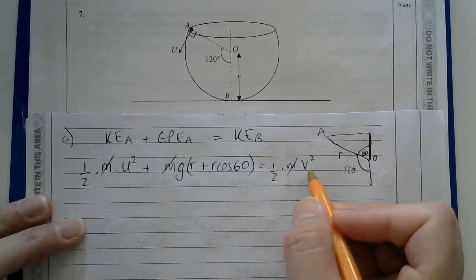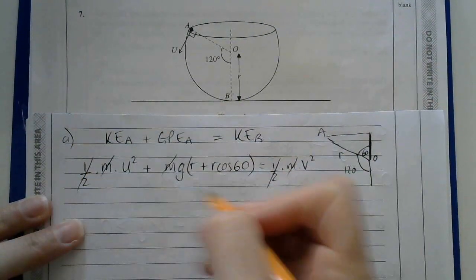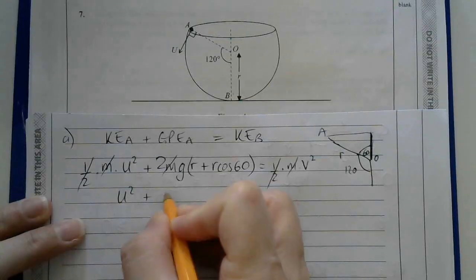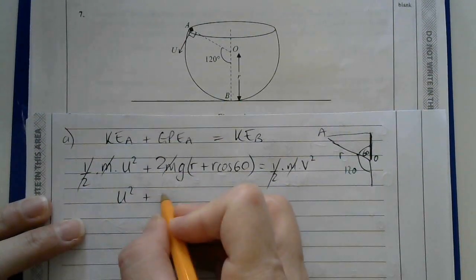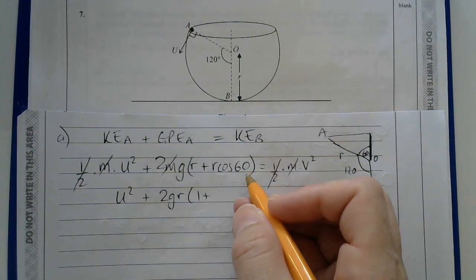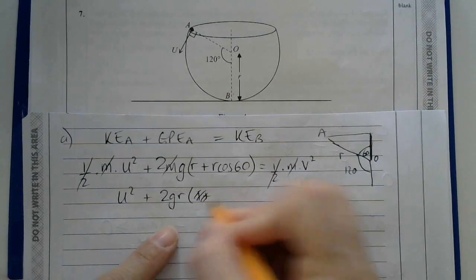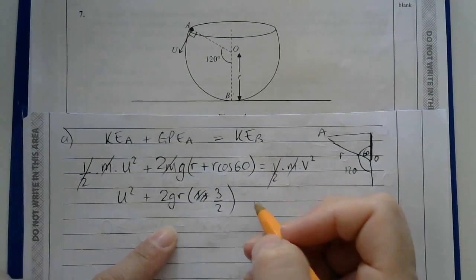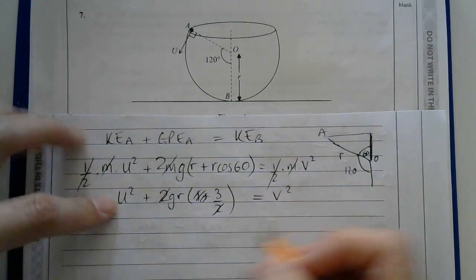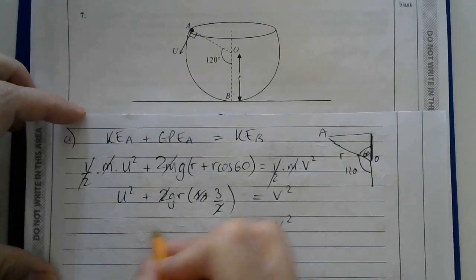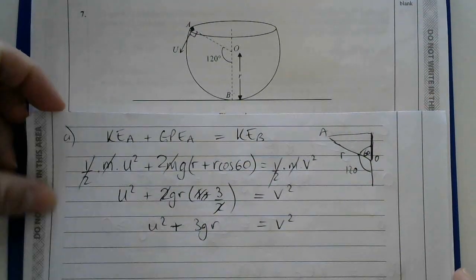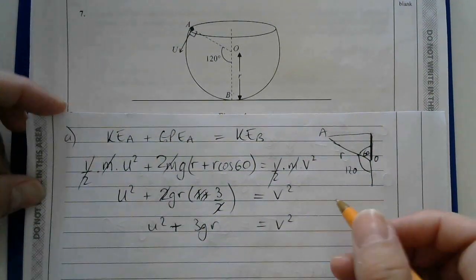Then I'm interested in v squared, so I'm going to double everything, and so I end up with u squared plus, taking an r out of here, 2gr times 1 plus cos 60, which is 3 over 2, equals v squared. And here I could even cancel these 2's, so it comes out to something a little bit nicer: u squared plus 3gr. Okay, and that's as far as I can go with conservation of energy.